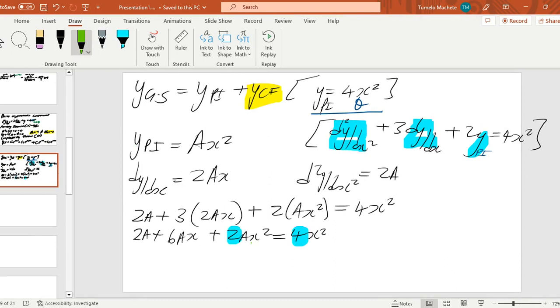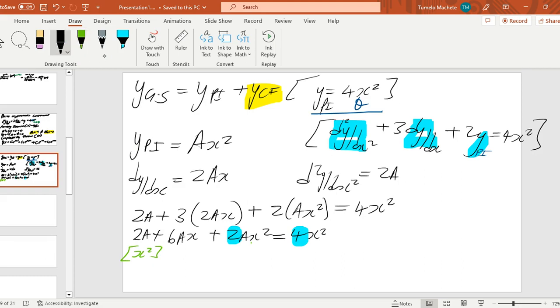So we're using the power method. On both sides, the right-hand side and the left-hand side, you compare which one has the highest power. The highest power in this case is x squared, so we write x squared there, and then we take the coefficients of x squared.